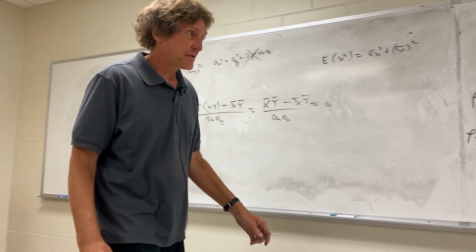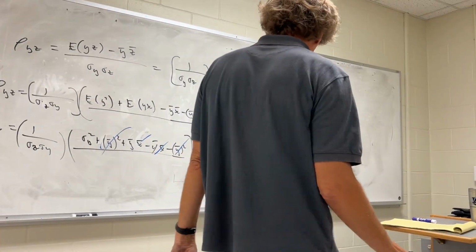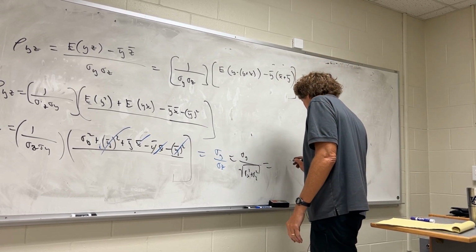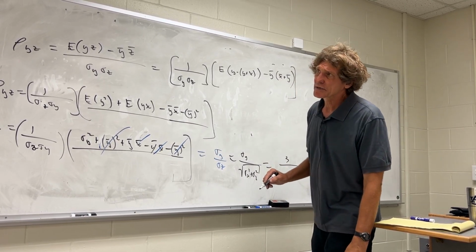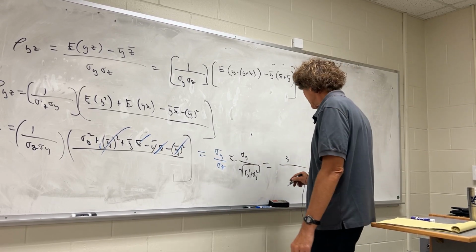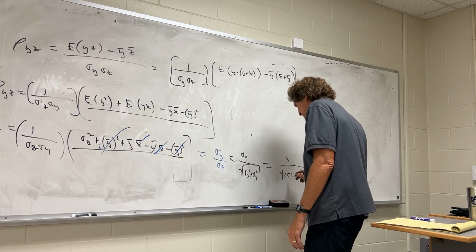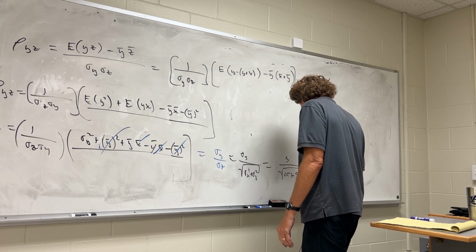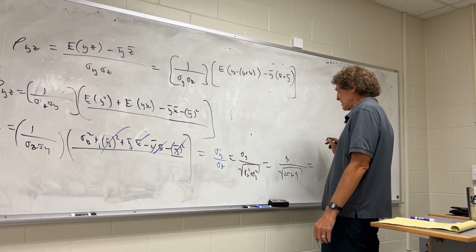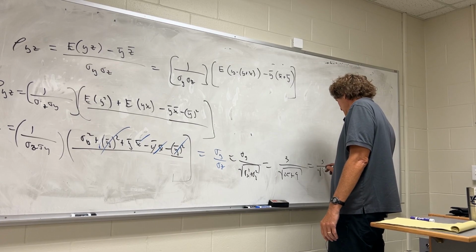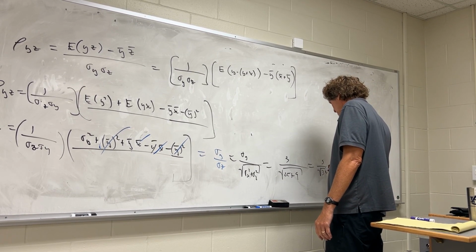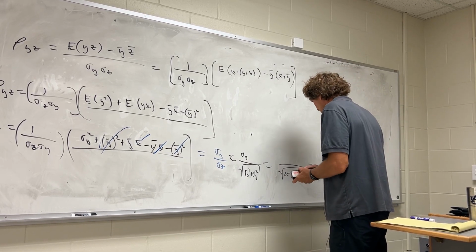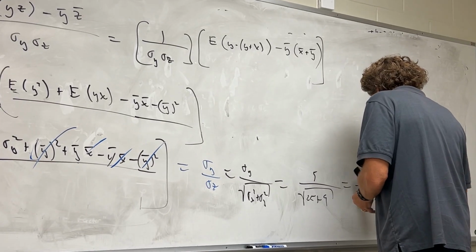And sigma y is 3, right? Sigma x squared is 25. So we got the square root of 25 plus 9. That's 34. So it's 5 over the square root of 34. Is that the answer?